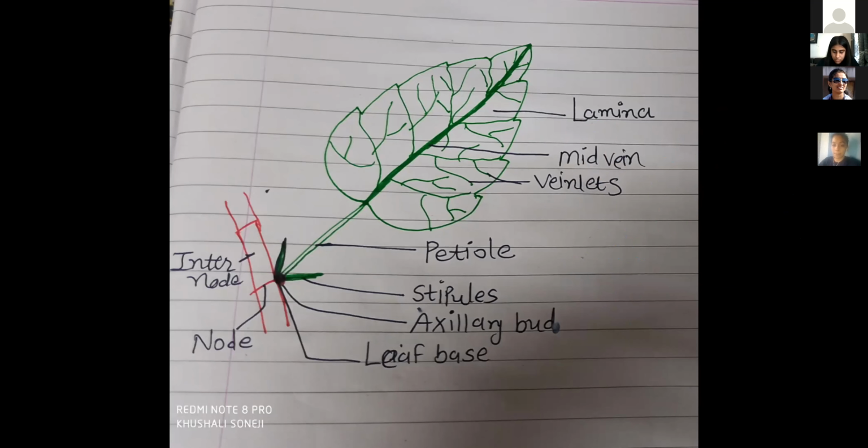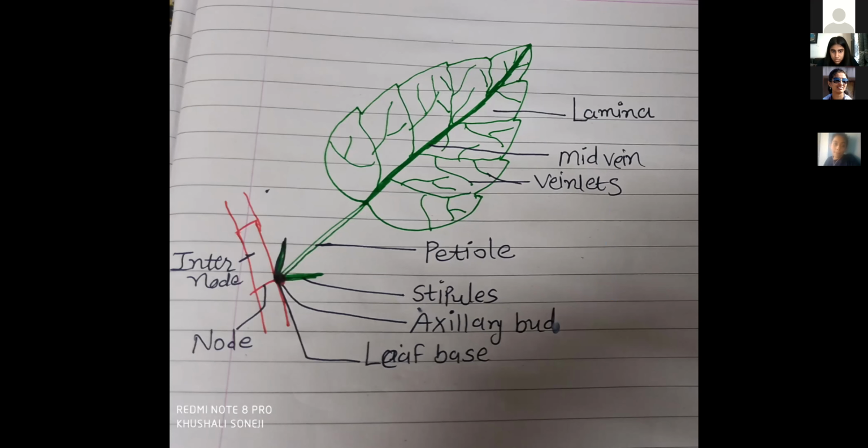Next, leaves originate from shoot apical meristem. Which meristem? See, in axillary bud, meristematic tissue is present. In nodal region, meristematic tissues are present. In the apical stem, the tip part over here, meristematic tissues are present. So exactly which meristem forms a leaf? Remember, apical meristem forms the leaf.